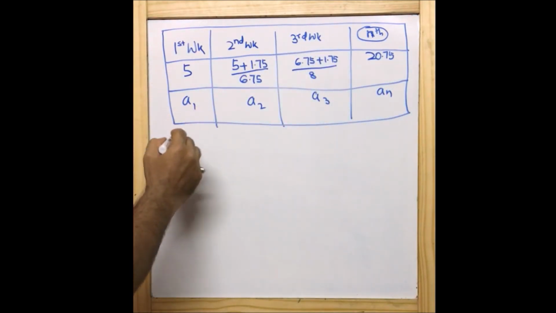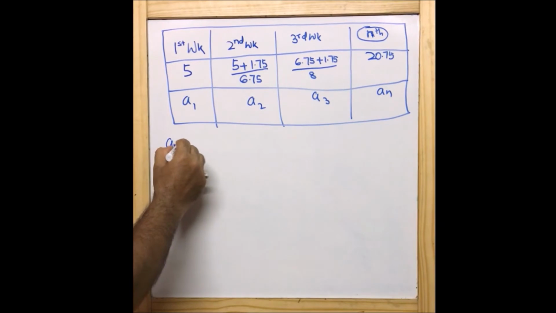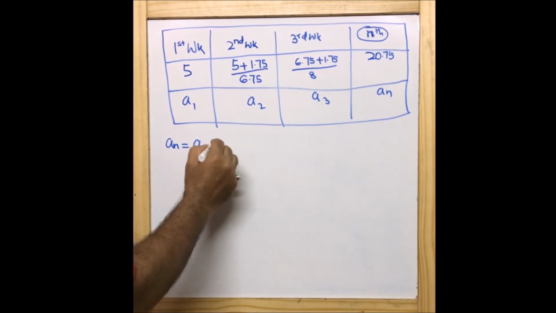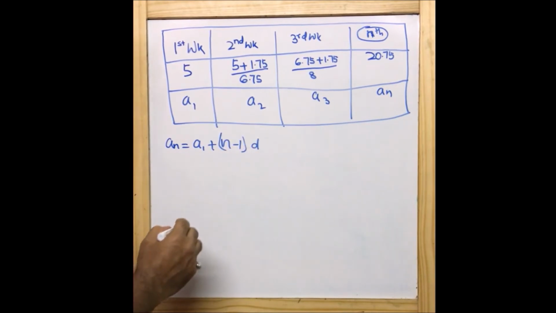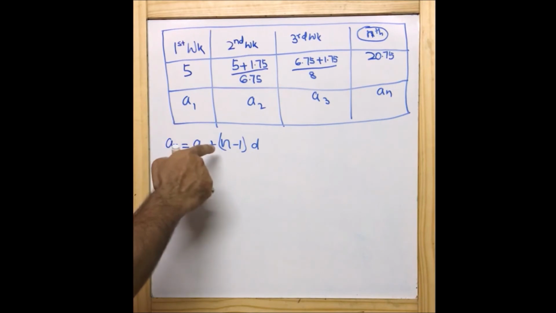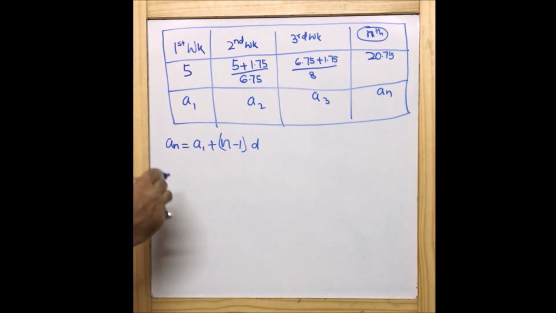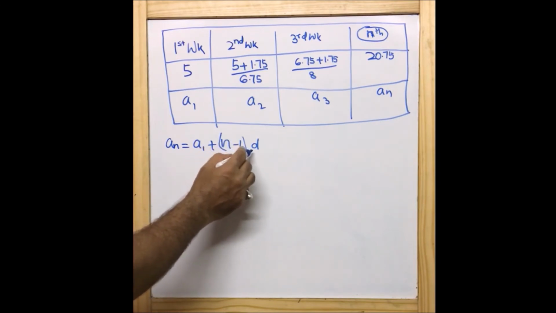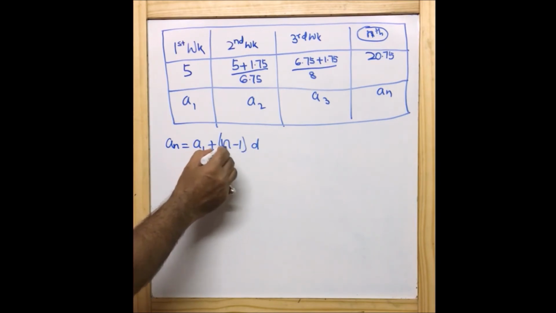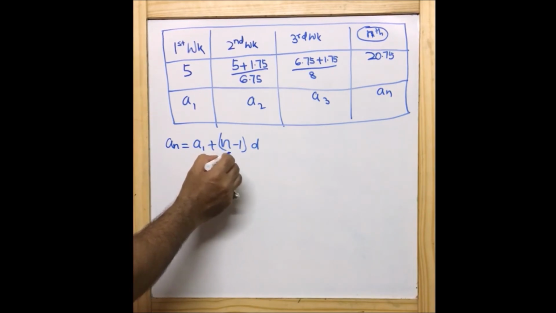Here we will be using the formula AN is equal to A1 plus N minus 1 into D. This is one of the important formulas guys, I have told in each and every session that we need to remember this formula so that most of the time we can use it to derive the missing things. Here we could see that we have everything but D is missing. So first of all let us find out D, and our motto is to find out this particular value N.